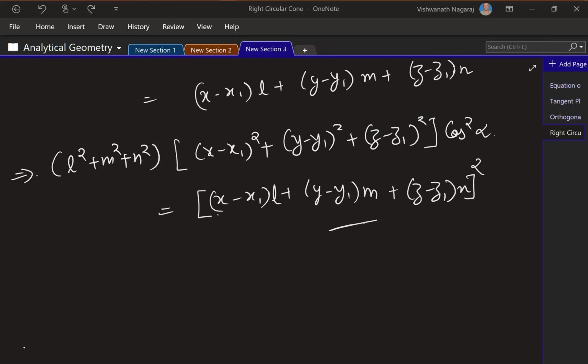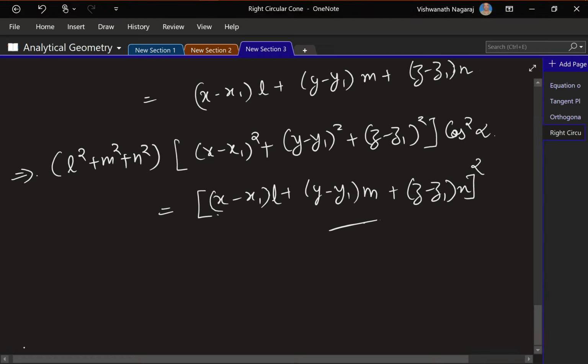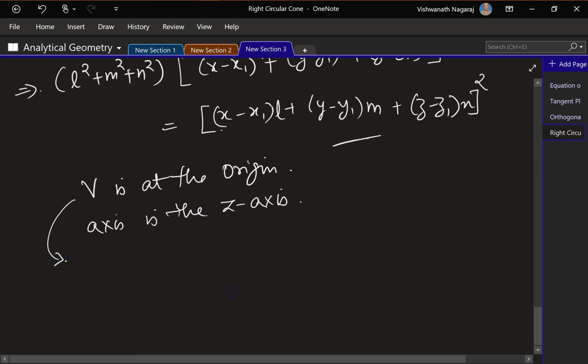Now, what if V is at the origin and the axis is the z-axis? Now, because of the first, V would be 0, 0, 0. And because the axis is the z-axis, L would be equal to 0, M would be equal to 0, and N would be equal to 1.